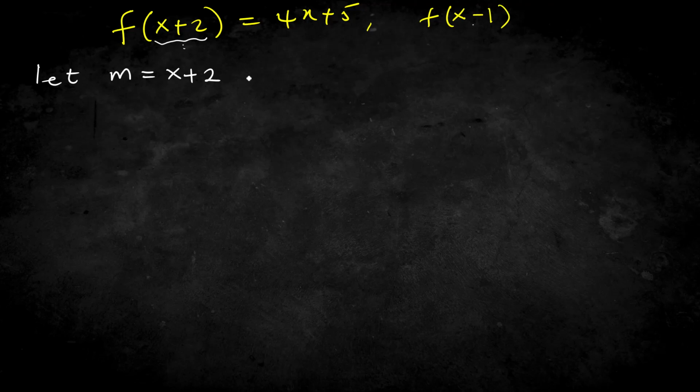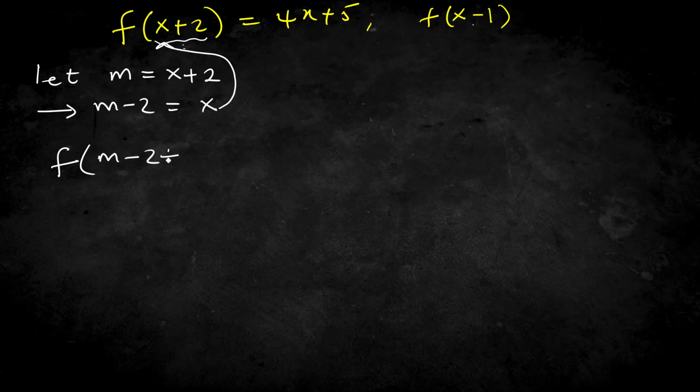So let's make x the subject here. We have m minus 2 equals x. So let's do substitution for x. We have f of (m minus 2) plus 2, and I'll do the same here: 4 times (m minus 2) plus 5.